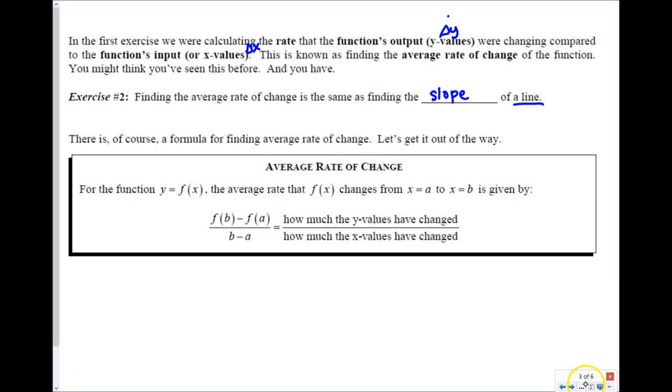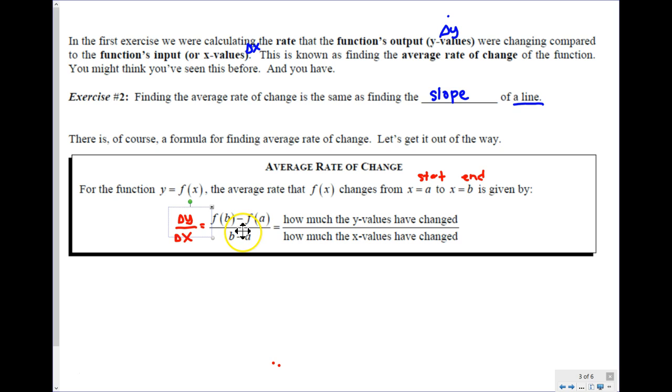So this is like saying here, maybe the red pen, changes from x equals a to x equals b. If b is the end, and a is the start, it's given by this formula, f of b minus f of a. This is the same thing as saying change in y over b minus a, the same thing as saying your change in x. Remember, f of something means the y values, right?